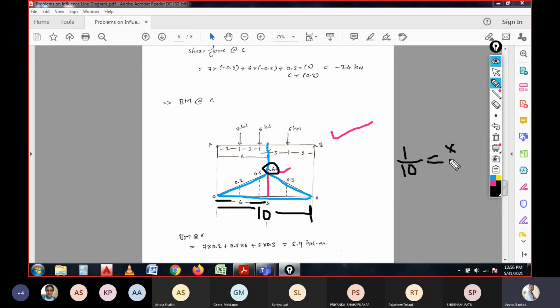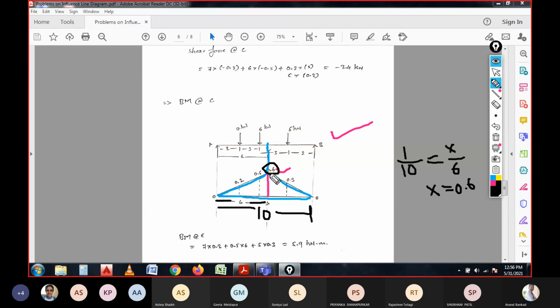So x by 6 meter, so x will be 0.6, like this.